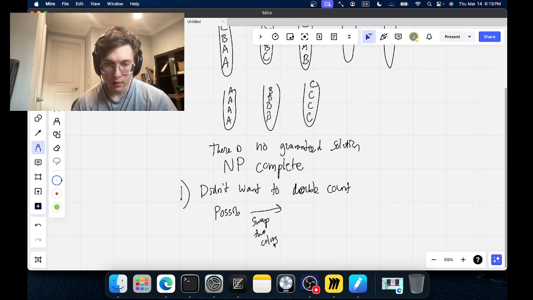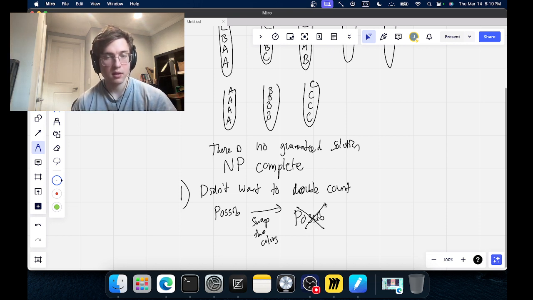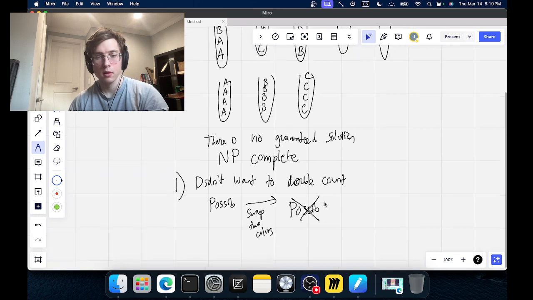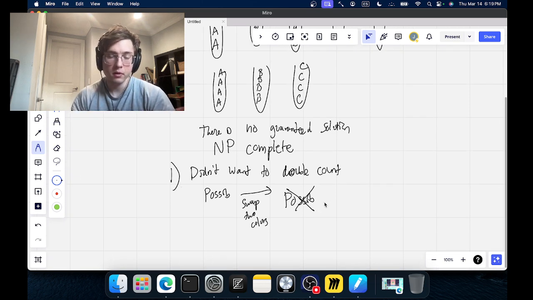And then we end up with another possibility. I didn't want to count this possibility, because the colors don't make any sense on their own. We don't really care about the order of the colors. What we care about is the test tubes.